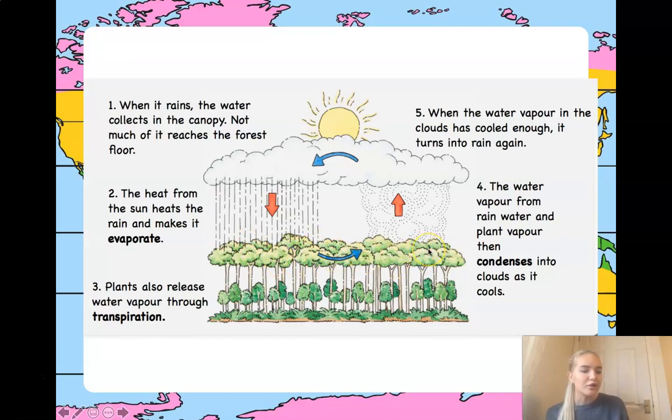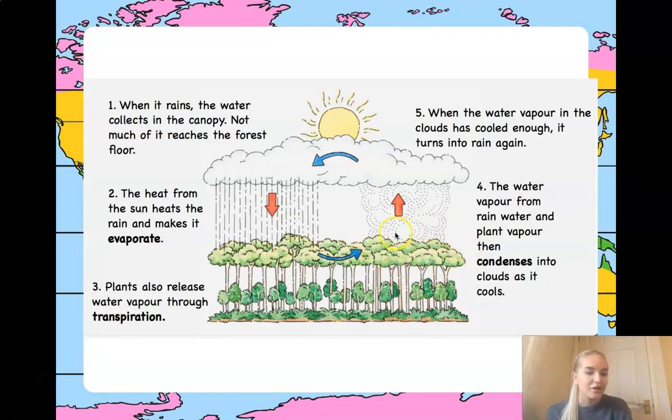At the moment, we have two types of water vapour. One type is made from the rainwater, where the sun has heated the rain that fell in the canopy and evaporated it into water vapour. The other is the water vapour that the plants have released through transpiration.